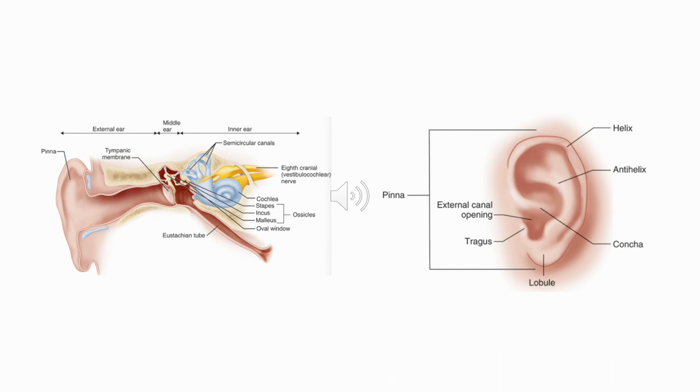Hearing, auditory perception, is the main function of the ear. Hearing begins when sound waves move through the air and into the external ear canal. These waves hit the movable eardrum, creating vibrations that are transferred into the ossicles of the middle ear.